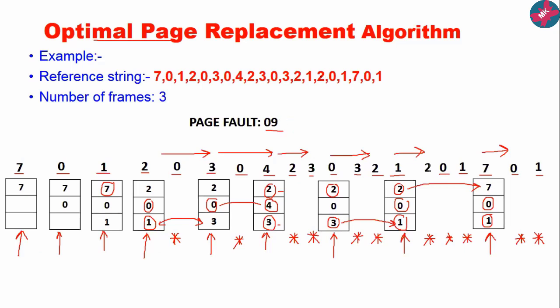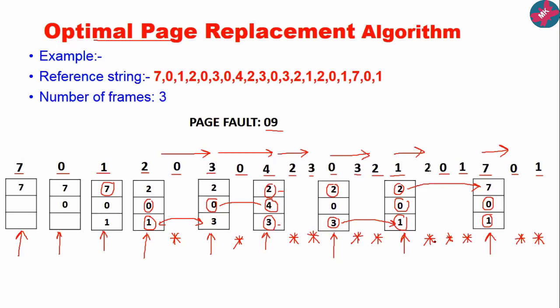And now consider here page faults have reduced, isn't it? And the number of page hits has increased, isn't it? 1, 2, 3, 4, 5, 6, 7, 8, 9, 10, 11. So consider this page hit is 11.